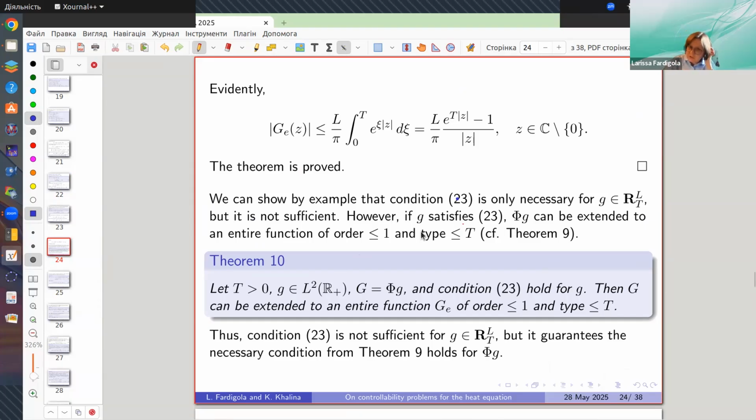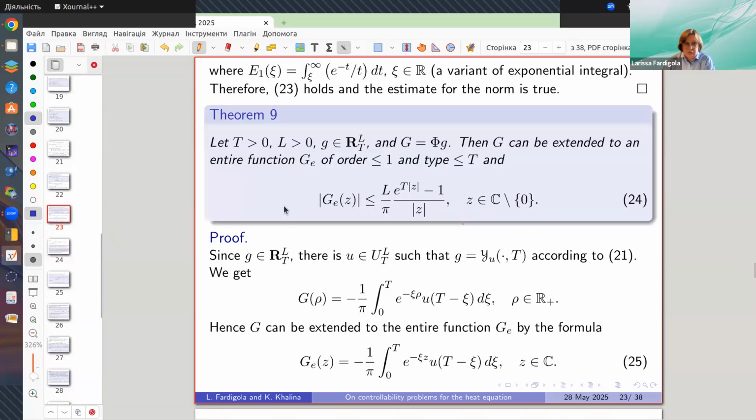However, if G satisfies condition 23, phi G can be extended to an entire function of order not greater than 1 and type not greater than t. We can have a look at theorem 9 and see that this condition is necessary for G to belong to both LT.